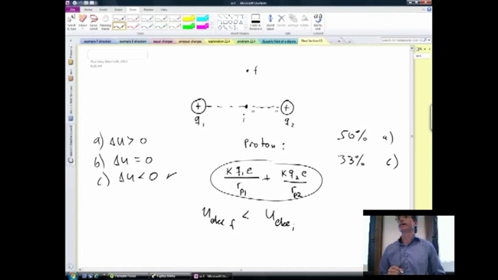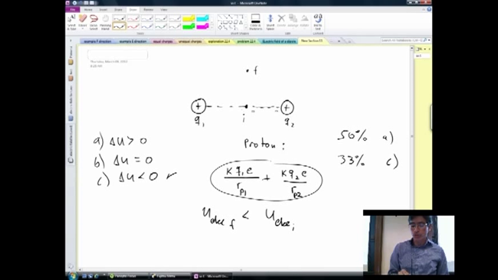Think about what I said before, that many times you don't have to look at the equation, just think about whether it makes sense or not. If you think of the rule that a particle left to itself would move from high potential energy to low potential energy, right? What would you expect? If you put a proton in between these two charges, what's going to happen to the proton? If you just put it not exactly at the line that connects the two, but just a little above that, there will be a force pushing that proton away, right?